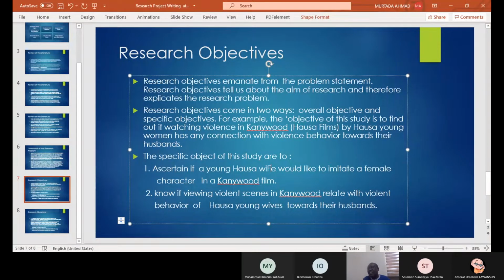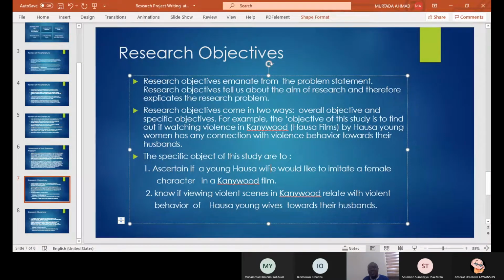We are not saying whether she will imitate in terms of violence, but this is a good question, because generally speaking, if female viewers would like to imitate models in film, it will be in all ramification. The way the model smiles, the way the model frowns, and the way the model reacts to issues. So it is a general question that we want to know if a young Hausa wife would like to imitate a female character in the Kannywood film.